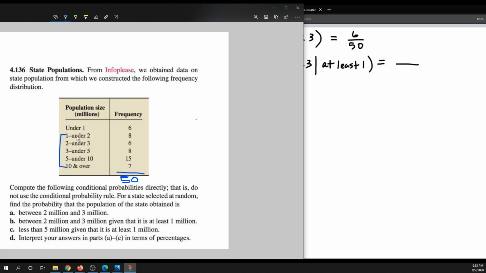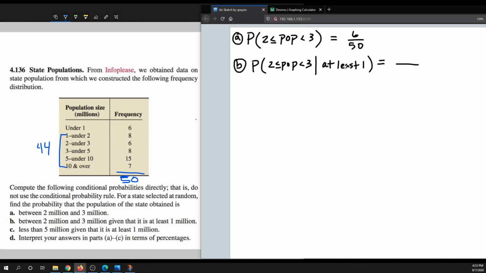The only ones that don't have that is the under 1 millions right here. I know that there's 50 total, and 6 are not in our event, and so that would be 44. Okay, so that is now the size of our sample space.